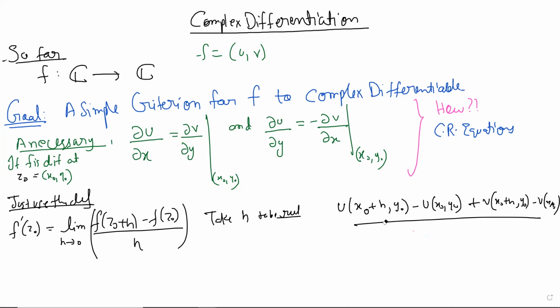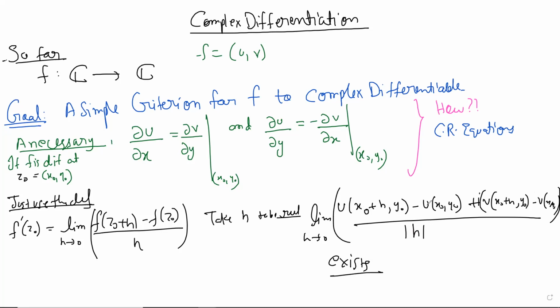This is complex differentiation, so we just keep it h mod. Let's call this I. Now this limit, as h goes to 0, exists.